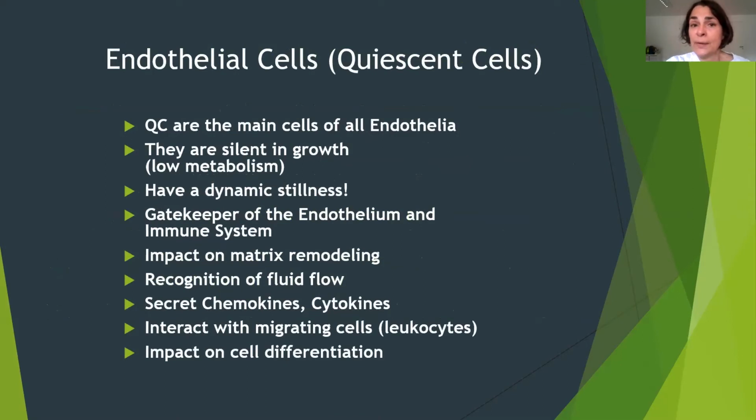Coming back to the endothelial cells, we call them quiescent cells because usually, if everything works fine, if we have a balanced state, they are in G0 phase, which means there's no cell division, there's no metabolism, and they have this dynamic stillness. The dynamic stillness just says they sit there and wait until they're needed.